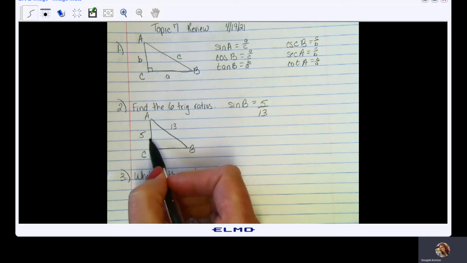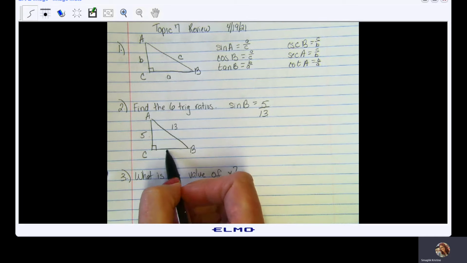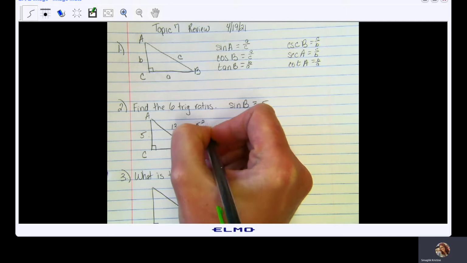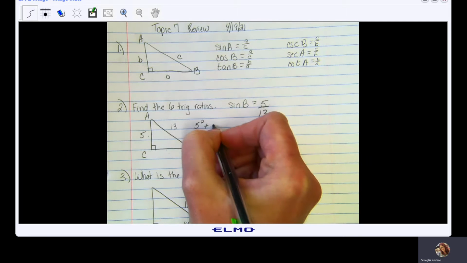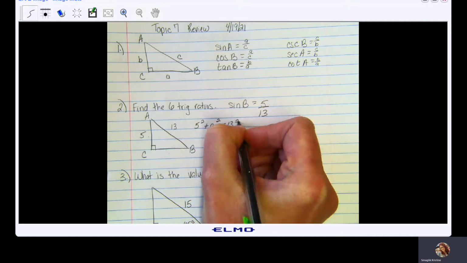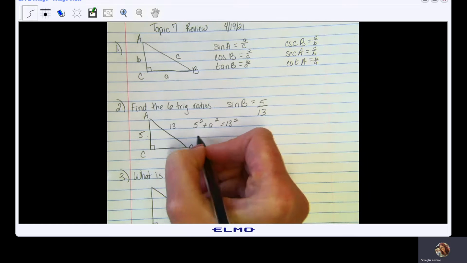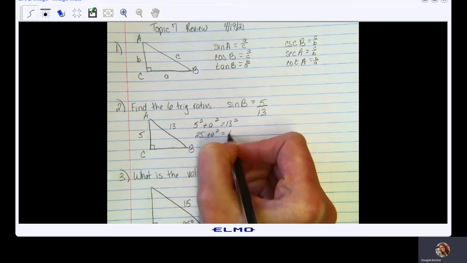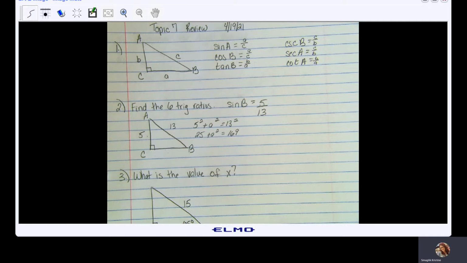So Pythagorean theorem is leg squared plus leg squared equals hypotenuse squared. So that's 5 squared. We'll call this A. A squared equals 13 squared. So that's 25 plus A squared equals 169.